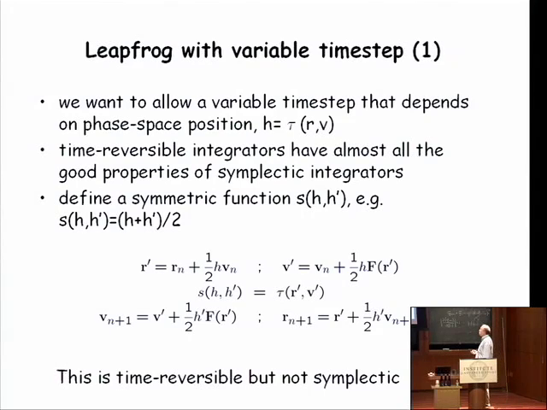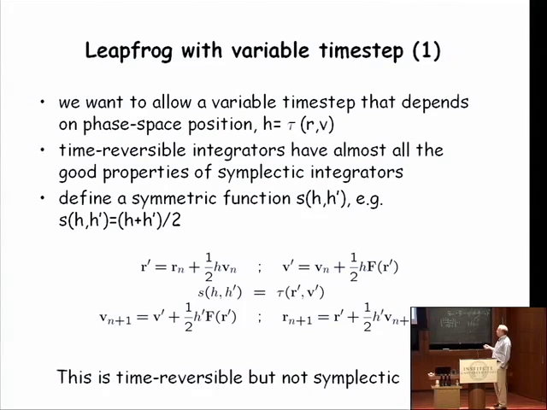And here's one way to do this. The first step is to define some symmetric function of the new and the old time step. So for example, it could be h plus h prime over 2. It could be 1 over h plus 1 over h prime. Any function that's symmetric in the two arguments would do. Then I take standard leapfrog. I advance the position by half of a drift step.